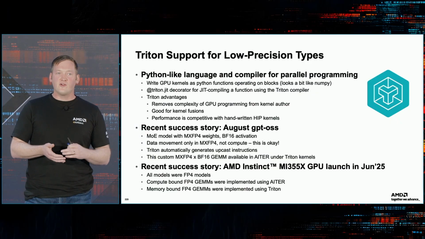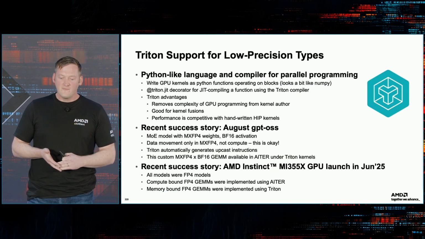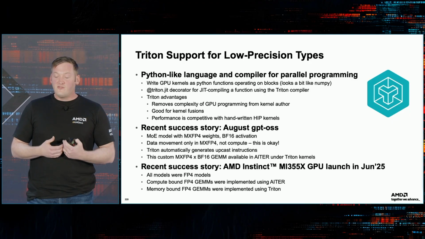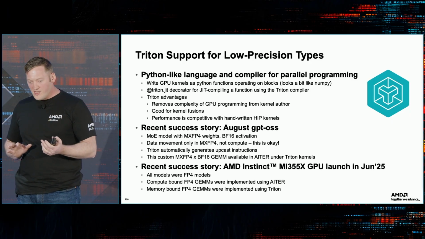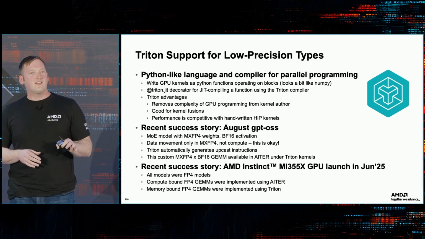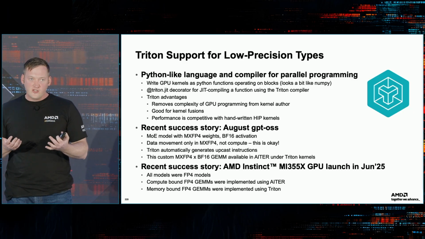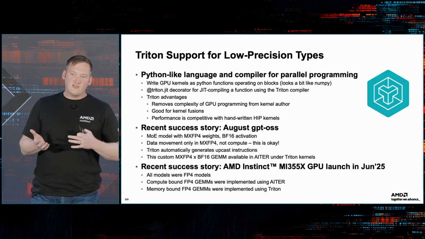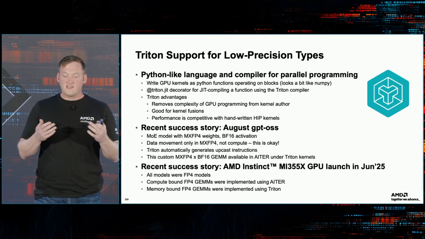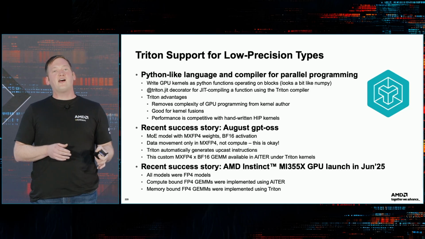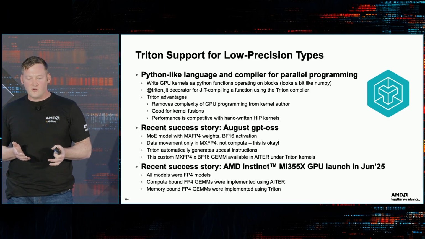Now, if you're looking for a different approach than writing native HIP kernels, whether it's CK or just HIP directly, maybe Triton's for you. I think perhaps in this audience, many of you have heard of Triton already, but just for a quick recap, Triton is a Python-like language for writing GPU kernels. You would write your function with respect to operations that are blockwise, between blocks, et cetera, and the Triton compiler will then just-in-time compile your function into a GPU kernel.